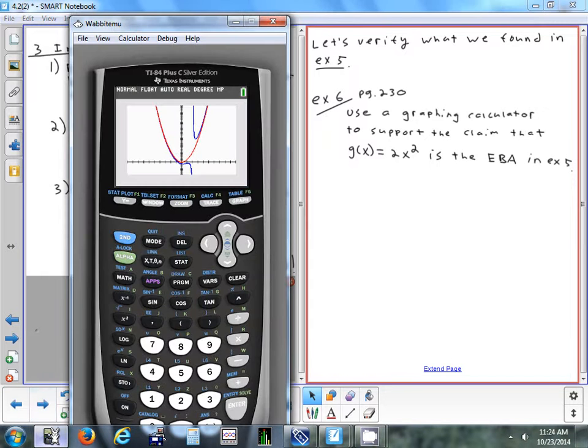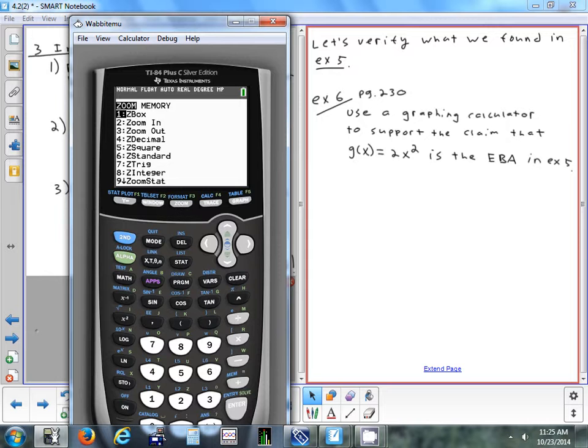So we've done example 6. We've confirmed that 2x squared predicts the behavior of this function as x gets farther from the origin. And if you zoom out, they're going to look more and more identical.